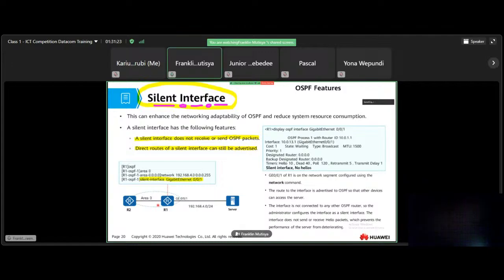So for you to do that, you can identify these interfaces as what we call silent interfaces. This can enhance the networking adaptability of OSPF and reduce system resource consumption. So for this interface here, you can say ospf, then silent-interface GigabitEthernet 0/0/1. This interface will not be participating in OSPF negotiations or the communication.